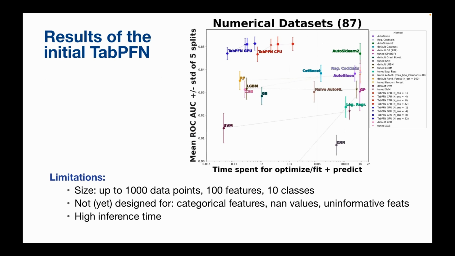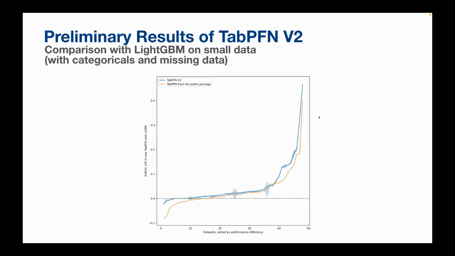But in this setting, we can see that these TabPFNs that are just conditioned on the training set can outperform many other methods. And here in this table, you see how much time they take. Because it's just a forward pass, like an LLM inference. So what happens when you call ChatGPT? They're very fast to do, while these other methods, of course, take some time to tune and so on.